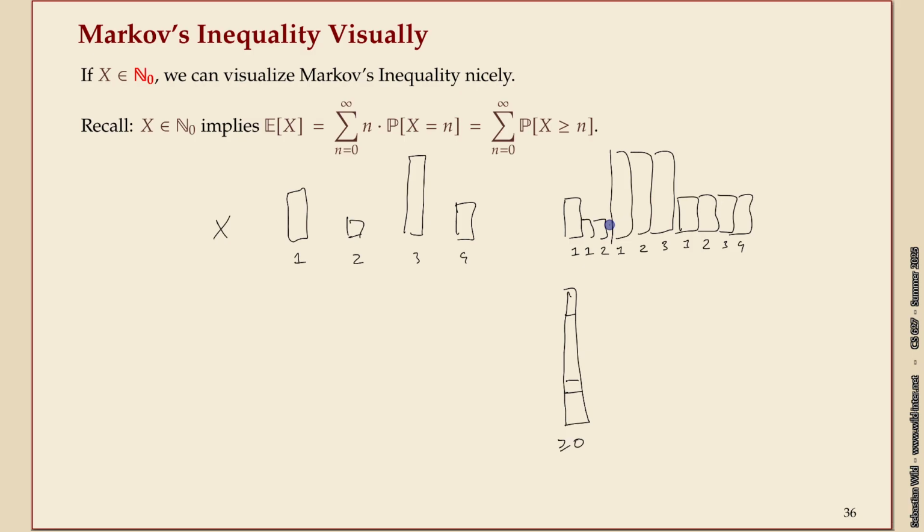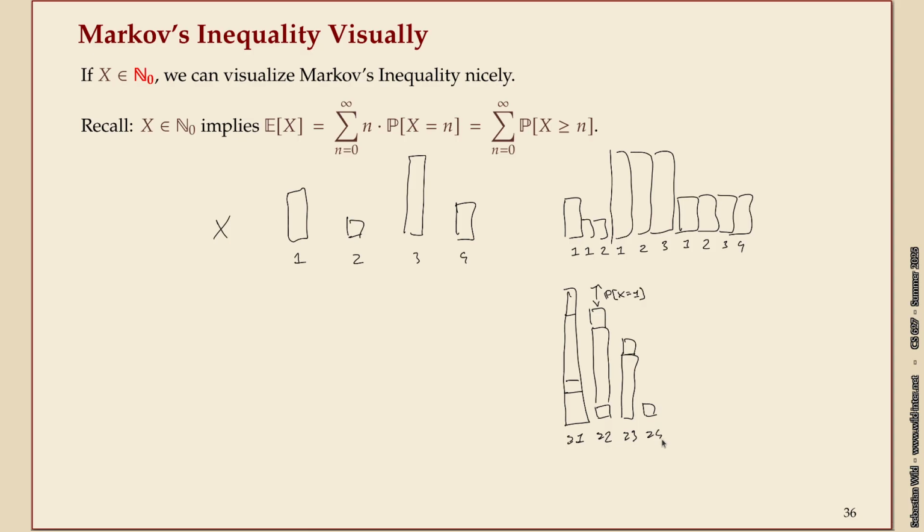The probability for greater or equal 2 is just this little guy, then these guys, this, and so on. So what's missing here is exactly the probability for x being 1. And so on. Okay, a bit more careful here. And then we have the last bit, greater or equal 4.